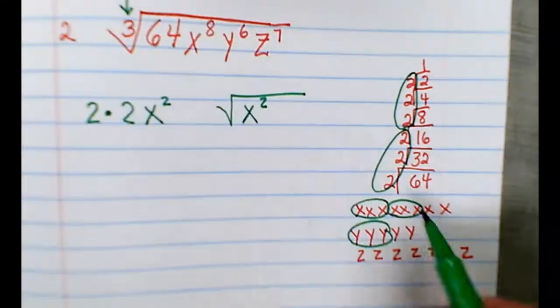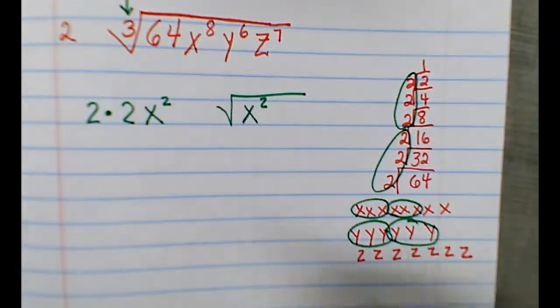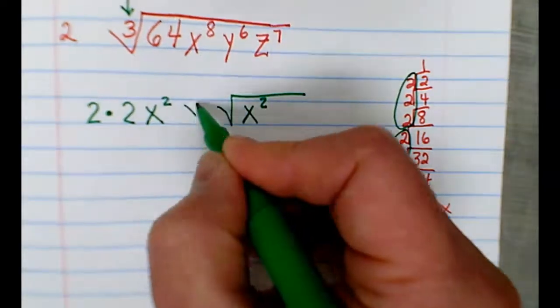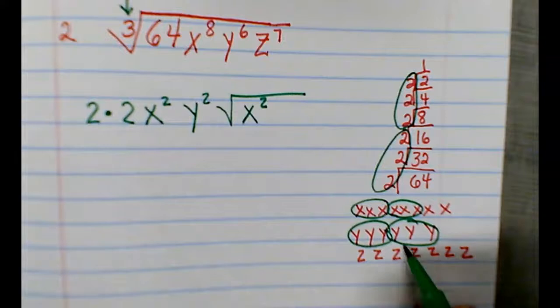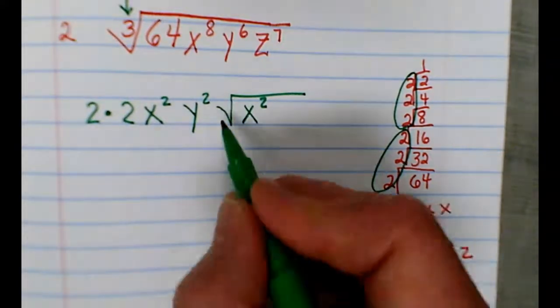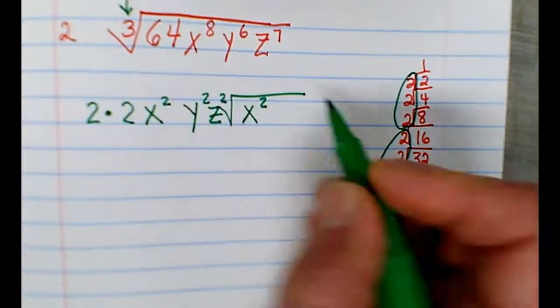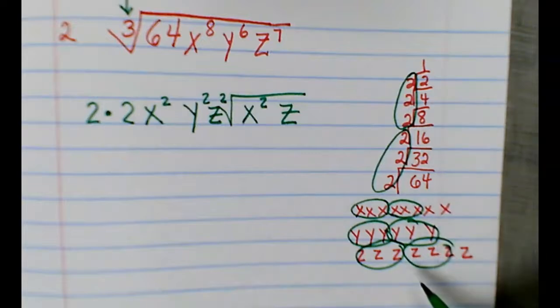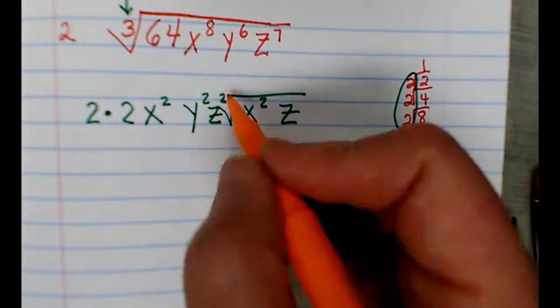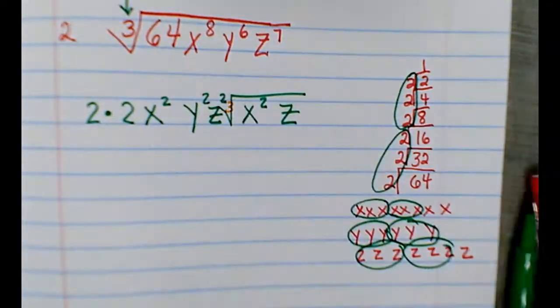If the index is here, I'm looking for groups of 3. How many groups of 3 did I have? 1, 2, I had 2 groups, and this one's left over. So if you know how to do the birthday cake, it is very easy. I got this a little bit squeezed together, so I'm going to rewrite this.